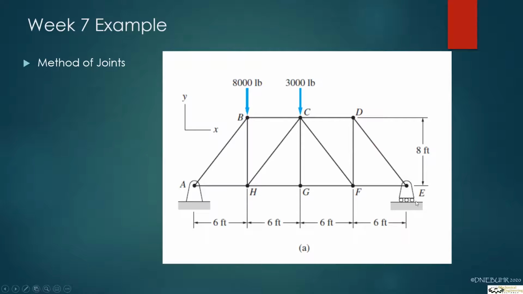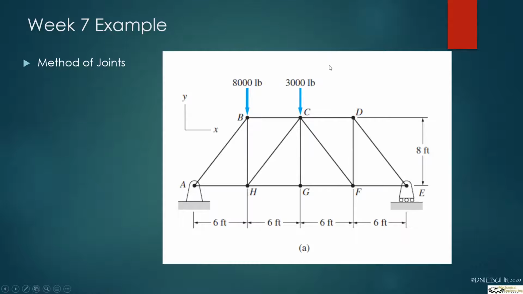So here we have, and one thing I want to point out is that you'll notice that this side here is mounted on some kind of a fixture where it can support a load in the x direction and the y direction. Whereas on the other end, you notice that those are wheels. So when you see something like that, it means that this end is free to roll back and forth. So it has no x reaction.